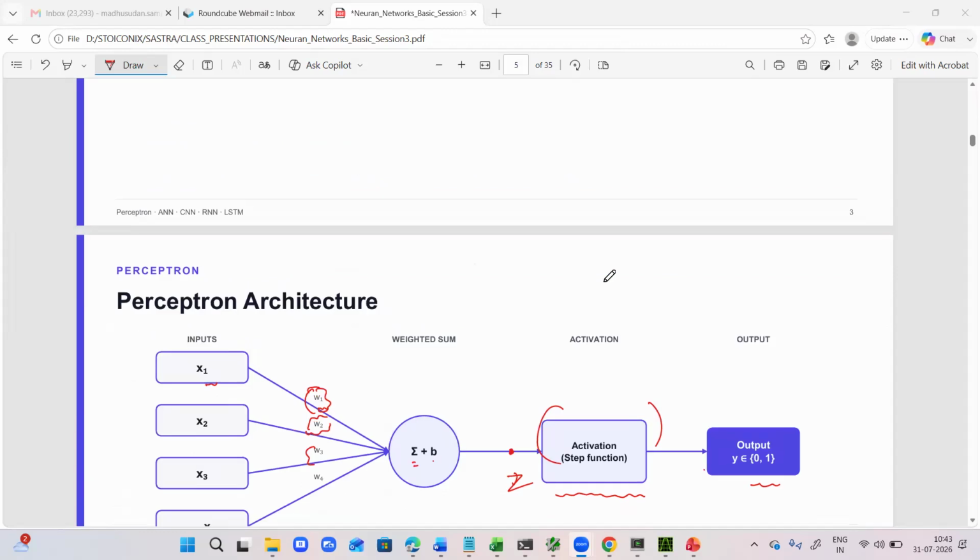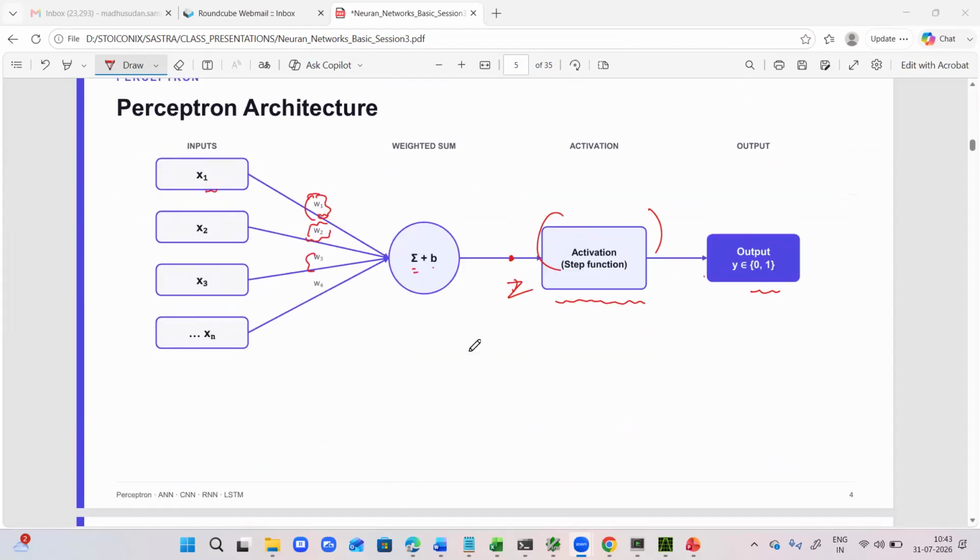All right, let's see how this whole thing works. You see this diagram here. x1, x2, x3, dot dot xn are the inputs provided to the perceptron. This circle, you can think of as a perceptron, or maybe a neuron. The whole thing we call a perceptron.